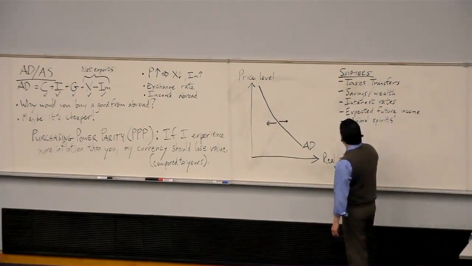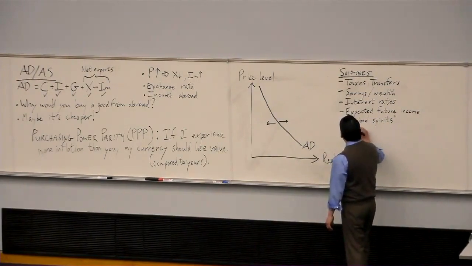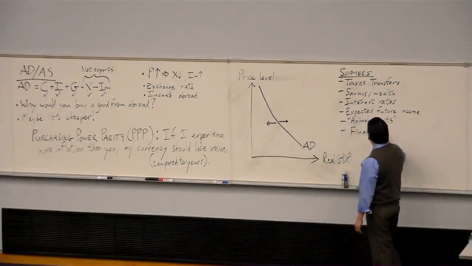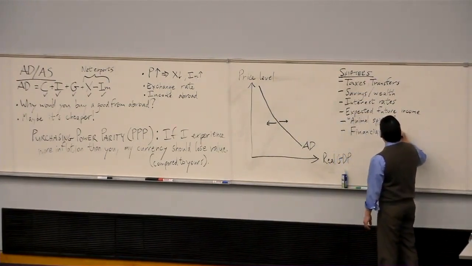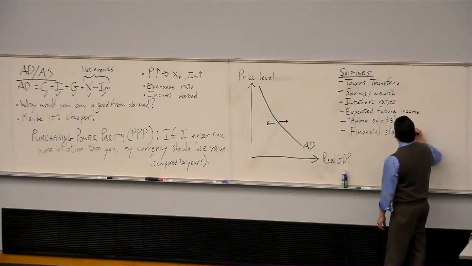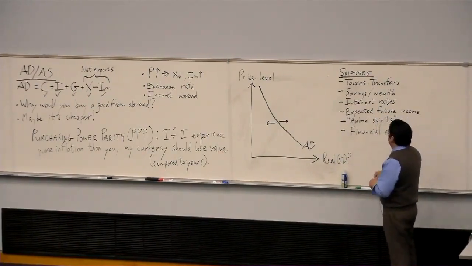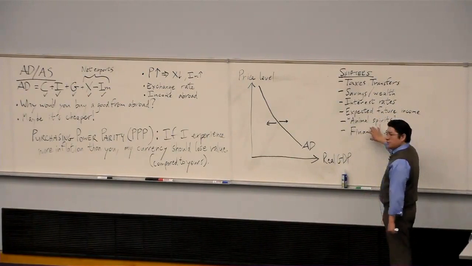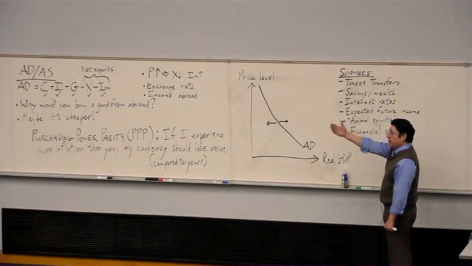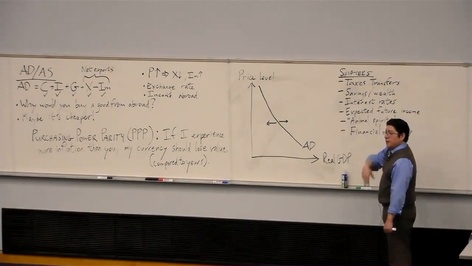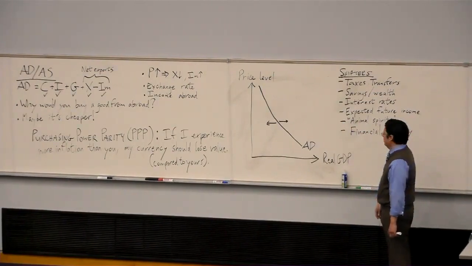What else do we have? We also had that financial stability could be important because, again, if the financial system isn't functioning properly, you may not be able to borrow easily against your future income, or you may not be able to access your savings.